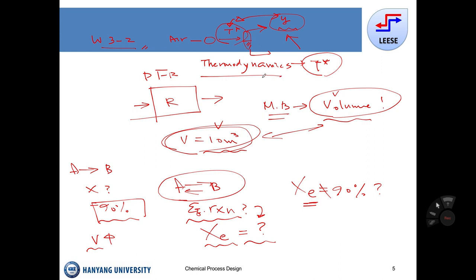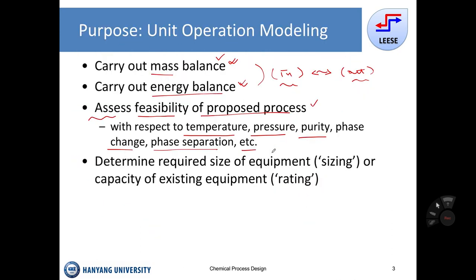How do you do it? Based on the thermodynamic equation. So this is a model for condensation, a model for cooling, okay?